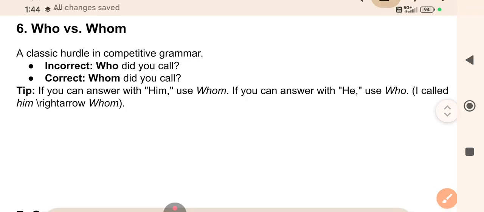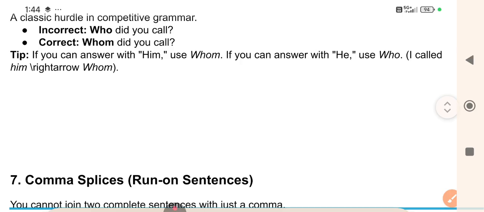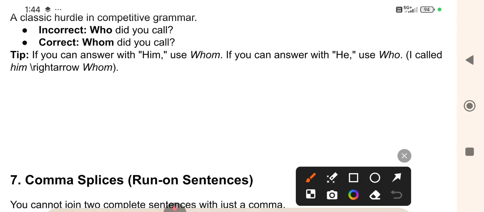Now next is who versus whom. The classic hurdle in competitive exams and grammar: who did you call, or whom did you call? I think you must have that sense. If you can answer with him, use whom. If you can answer with he, use who. I called him, so that is whom.